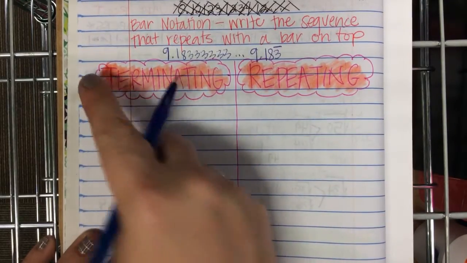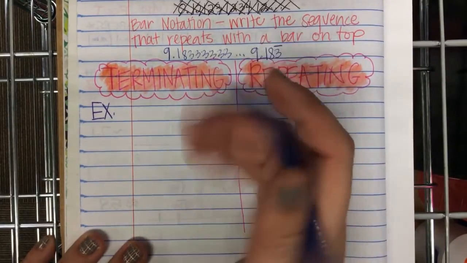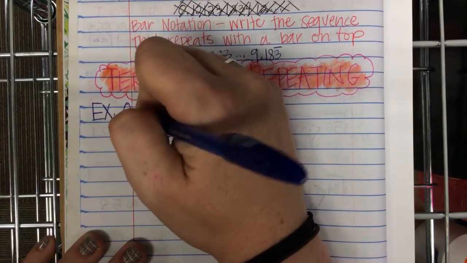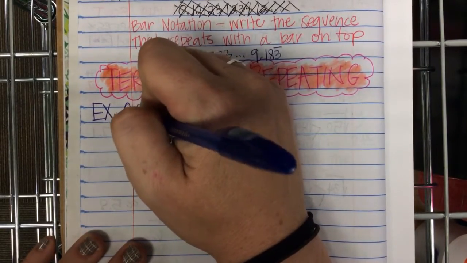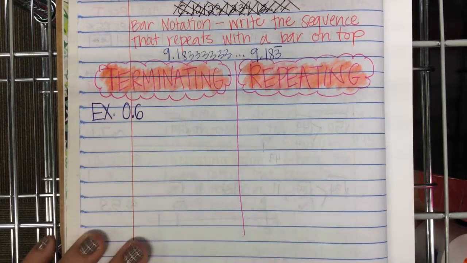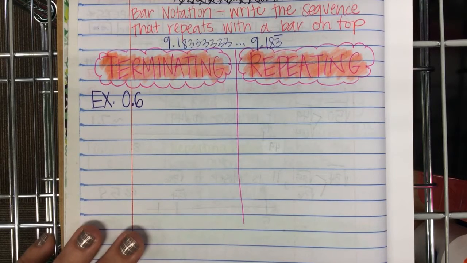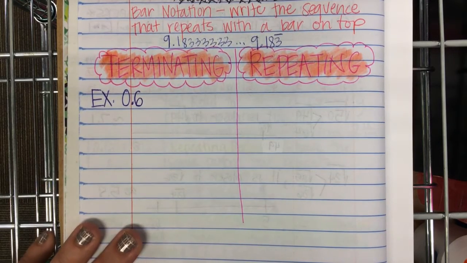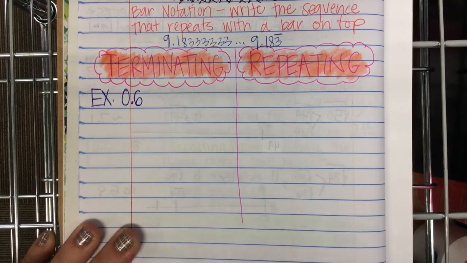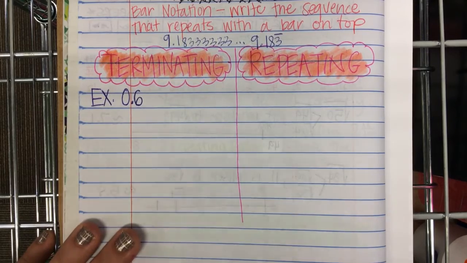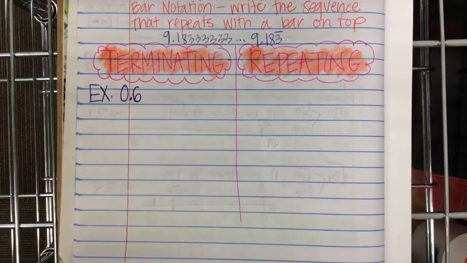A terminating decimal, it terminates, it ends, right? 0.6. Is that a decimal? Yes. Is it terminating? Does it stop? Yes. All right, it fits my criteria.